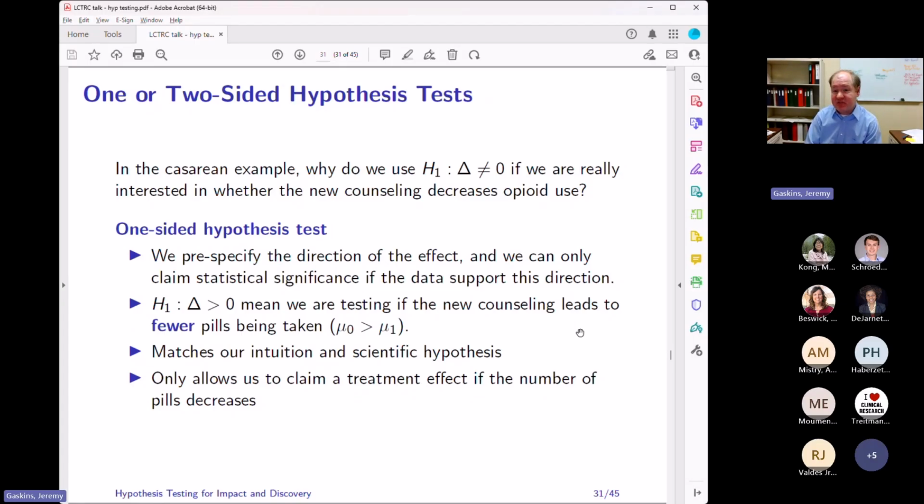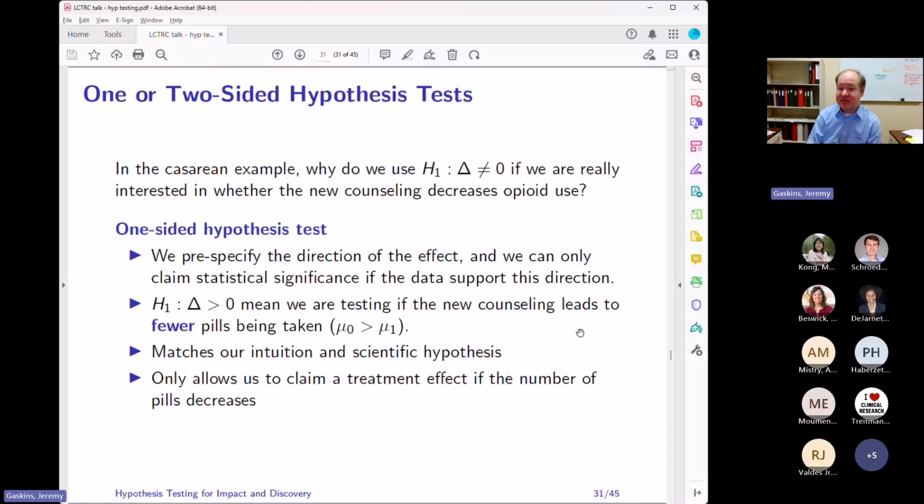In the cesarean example, I said that I was interested in knowing whether my new treatment decreased the amount of pills that our patients take. But yet, the alternative that I actually said we were going to use was delta not equal to 0. So how do I know whether to use a one-sided or a two-sided hypothesis?